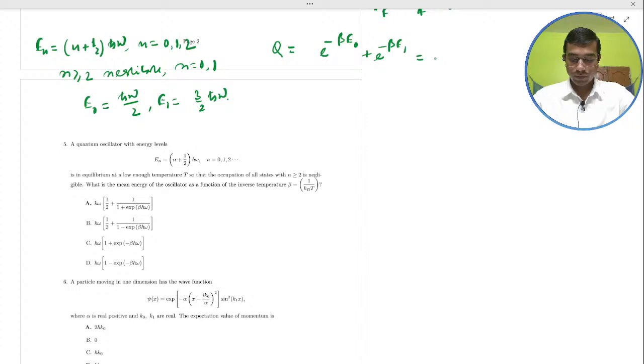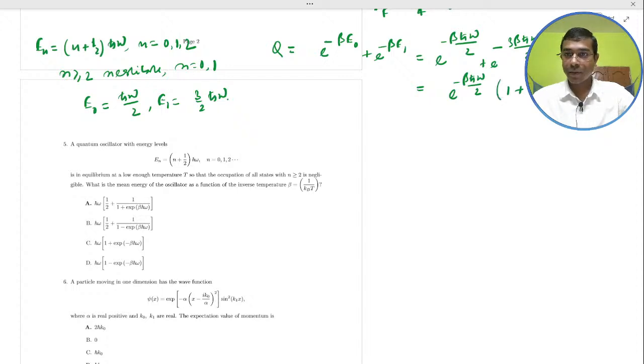This is equal to e to the power minus beta h cross omega by 2, and for the other, e to the power minus 3 beta h cross omega by 2. Okay, just take common here. So e to the power minus beta h cross omega by 2, within bracket 1 plus e to the power minus beta h cross omega.